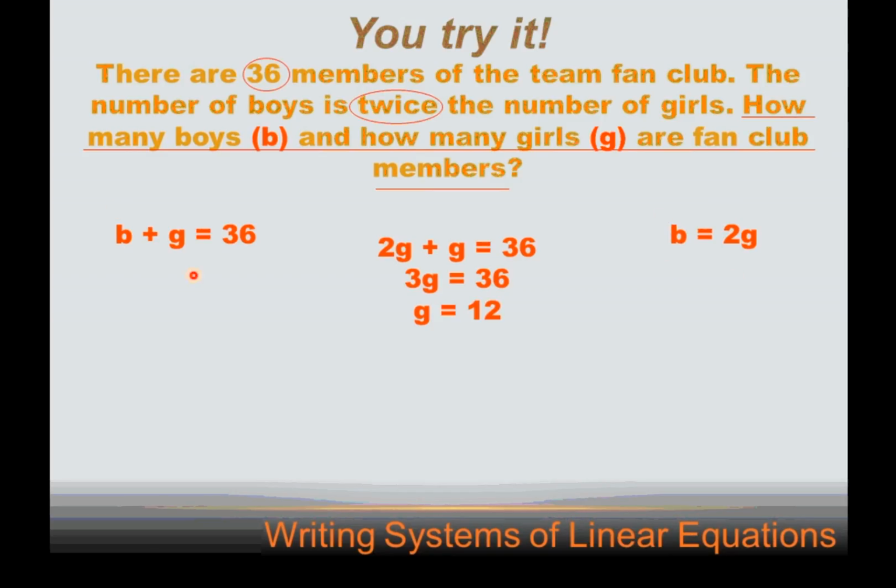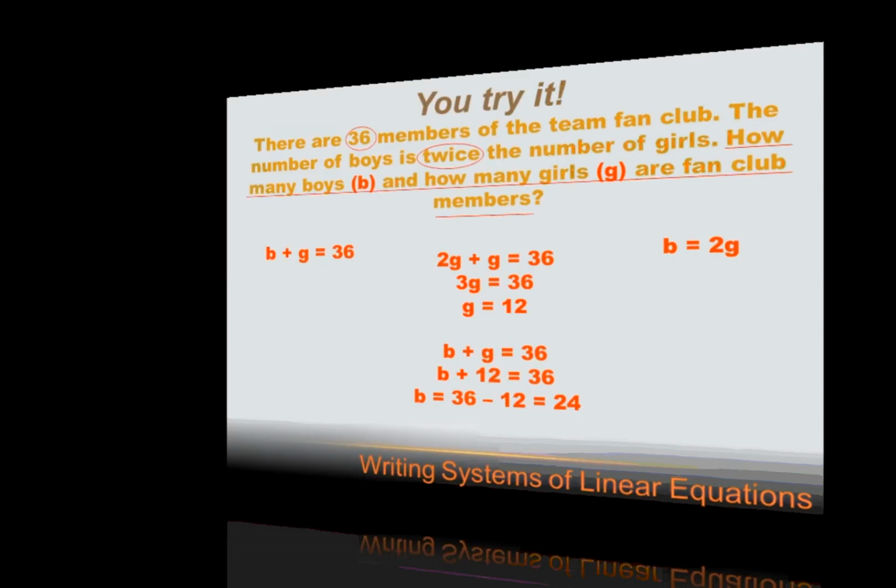We also know that the number of boys plus the number of girls equals 36, so we could substitute 12 in either of these places and solve for B. I used this one. I said the number of boys plus the number of girls equals 36. Boys plus 12 equals 36. Boys equals 24.